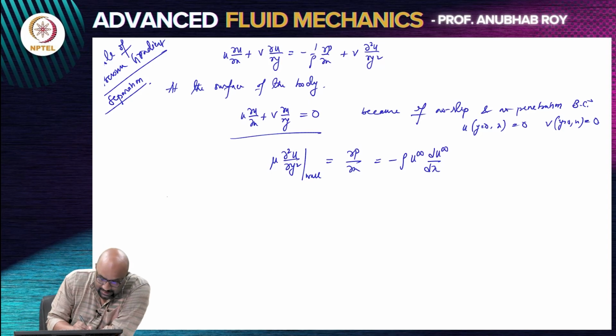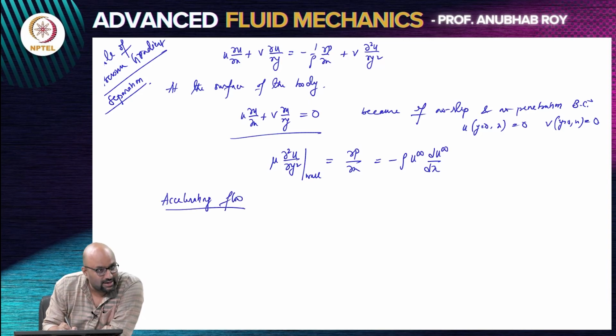So, we will consider two scenarios. One, when we have an accelerating flow. An accelerating flow is where dU∞/dx, or actually d/dx of U∞², the magnitude is increasing with increasing x.